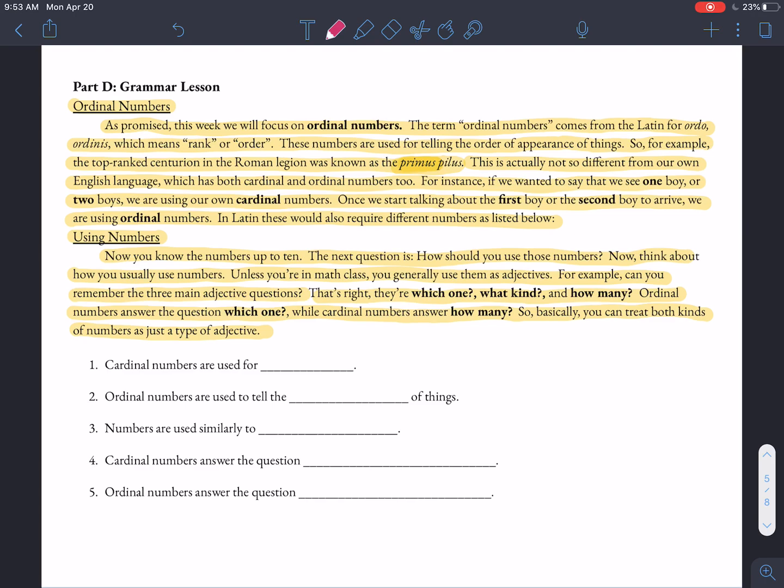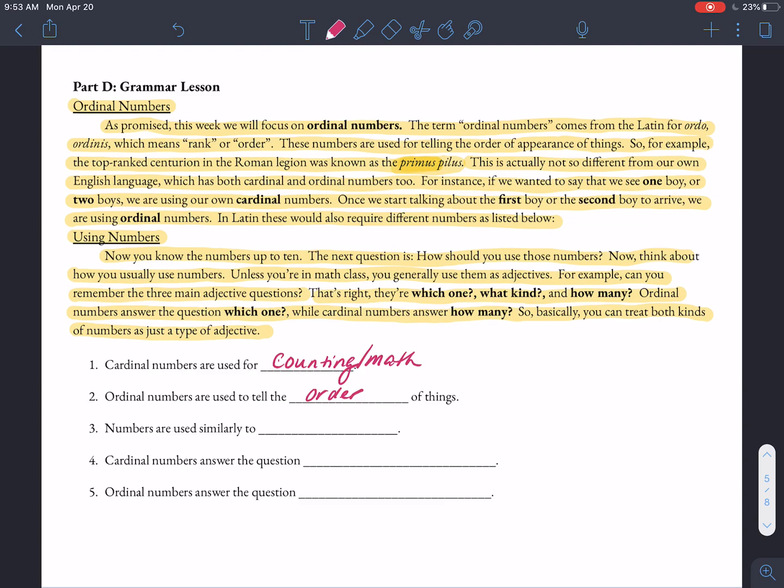This is review. Cardinal numbers are used for counting, math, those two things. Number 2, ordinal numbers are used to tell the blank of things. Ordinal numbers are used to tell the order of things.